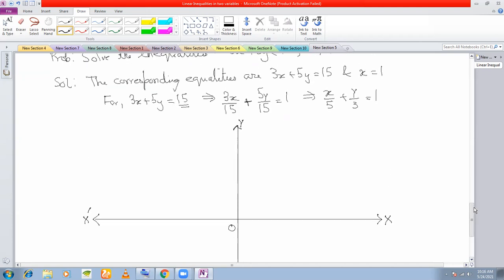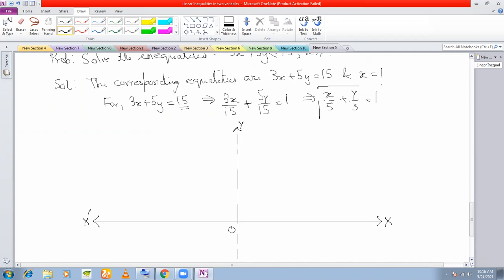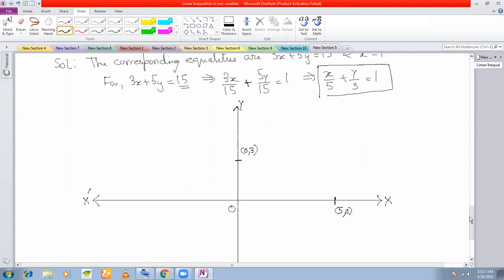So let us first draw the first line, this one. x by 5 plus y by 3 is equal to 1. So say you have a point (5, 0) here, so it will pass through because the x-intercept will be 5 units, and say you have a point (0, 3) here. So this straight line will clearly pass through these 2 points.